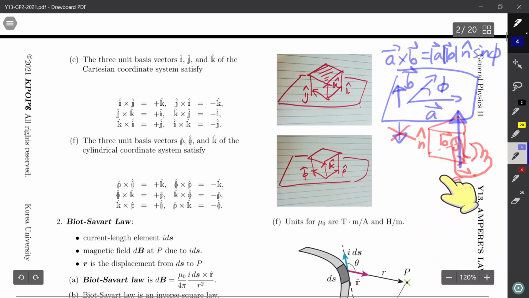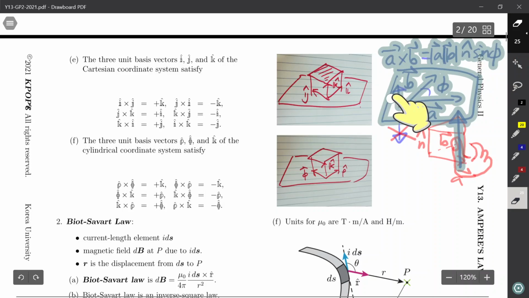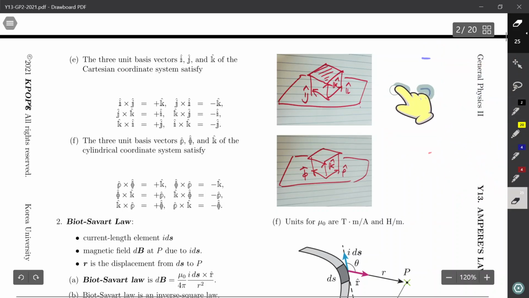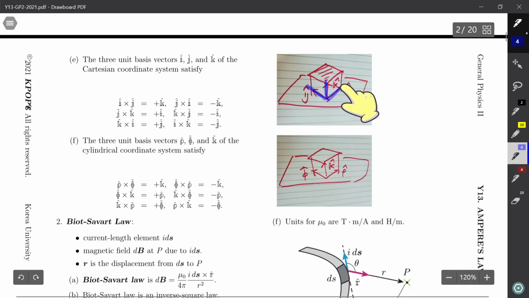As a result, we have i cross j equals k, j cross k equals i, and k cross i equals j.